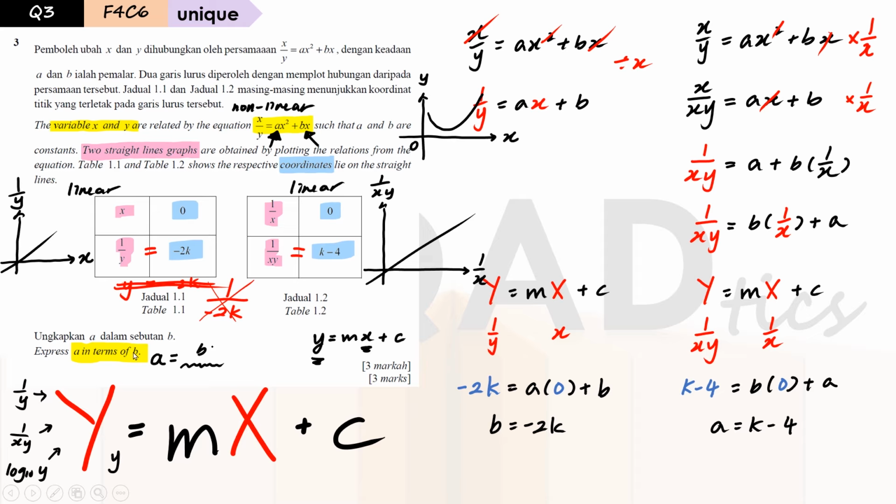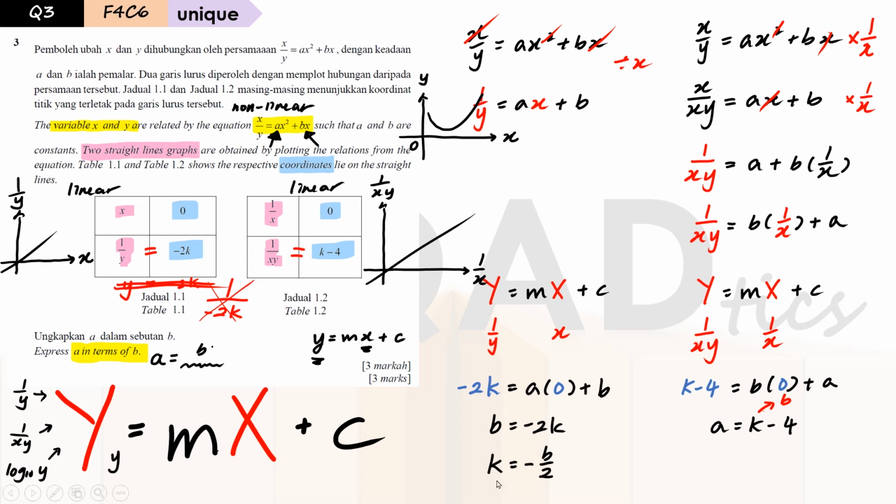So how do we change it to become a in terms of b? This value of k, we need to change it to b. So for the first equation here, let us rearrange the equation a bit. The left side would be just k, and the other things would be on the right side.